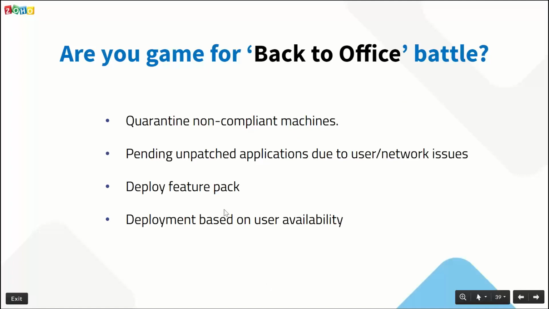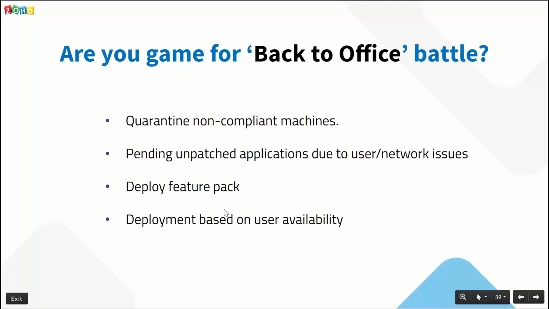Firstly, check the compliance status of machines coming back to office and quarantine the non-compliant machines. Secondly, create a list of the applications that you might have missed out on patching due to, let's say, issues like network or user issues, and initiate a patch task for such applications.